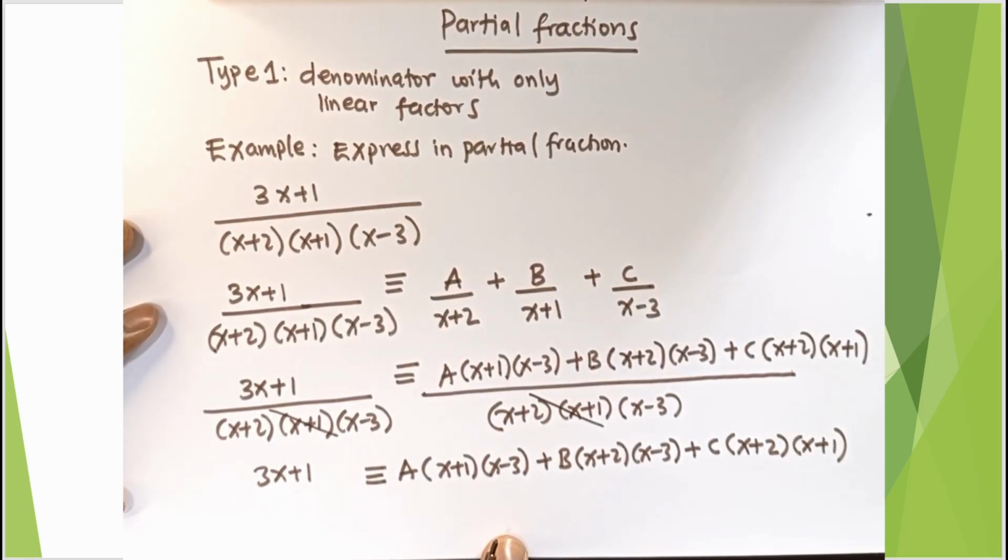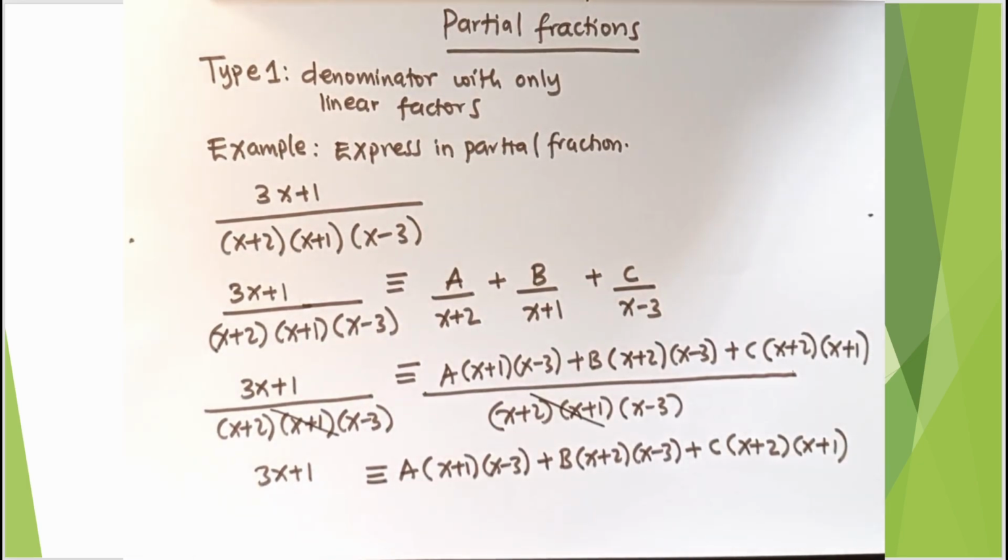Now when we reach such a level, the next thing is to go ahead and get A, B and C. So we use the letting of the value of x.